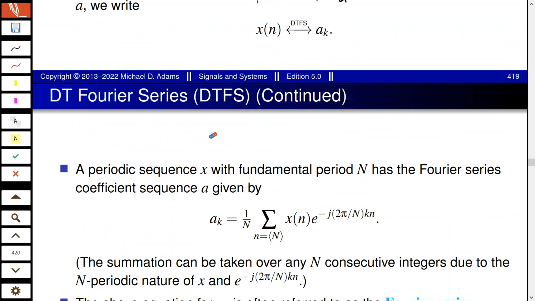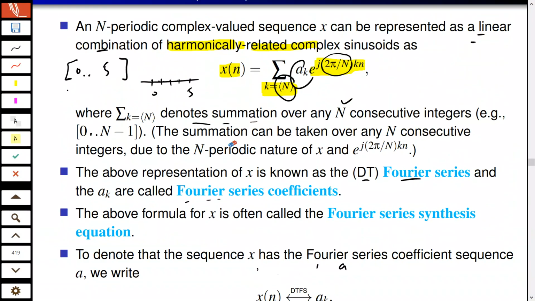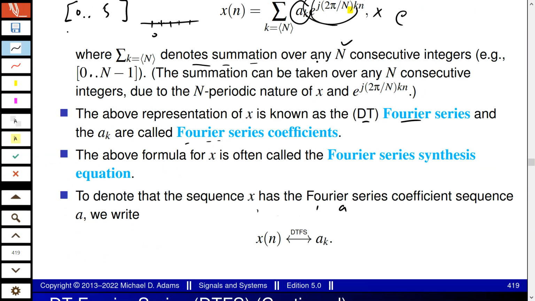Now, how do you compute these coefficients? It's a similar thing, right? You need to extract these coefficients, and for that you just multiply this by some exponentials, and the multiplication should be such that you have this orthogonality, just like you extract coefficients of a vector. So you need to multiply by the complex conjugate, remember.